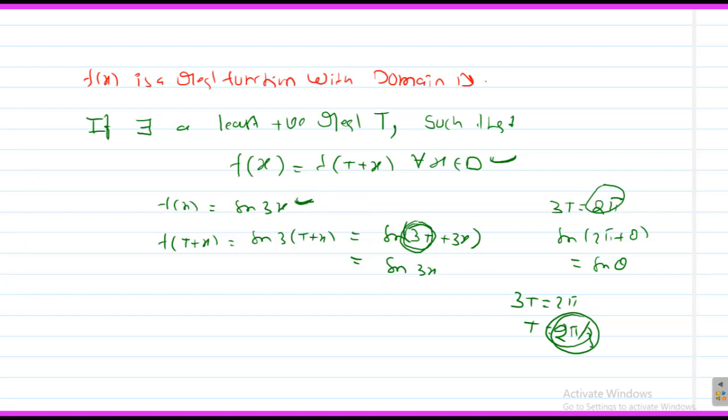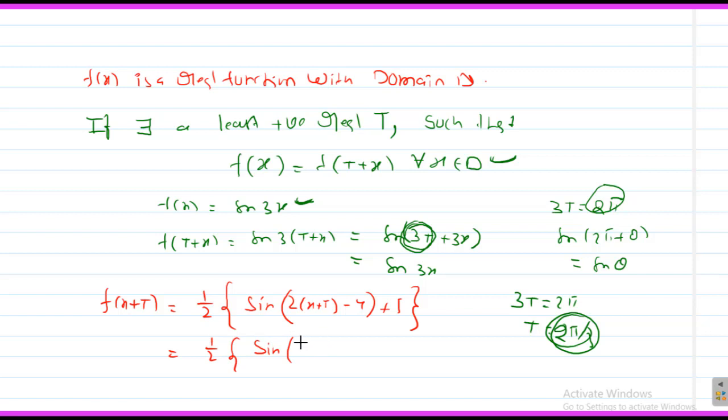Okay, so now what is the actual problem? Our problem is f of x plus t equal to half into sine of 2 times of x plus t minus 4 plus 5, which equals half into sine of 2t plus 2x minus 4 plus 5.